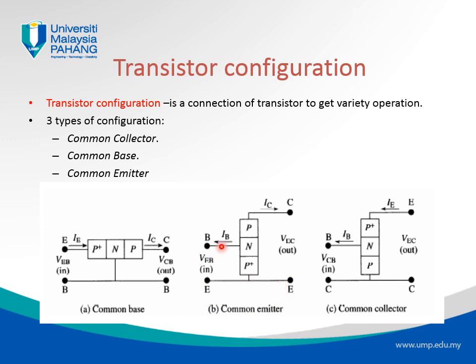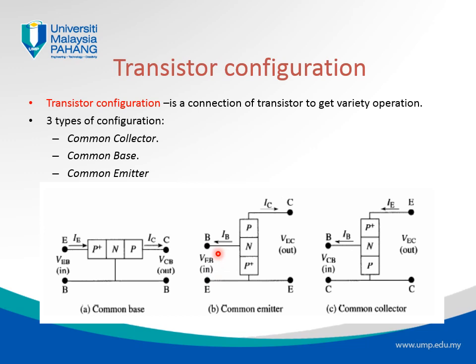Common emitter, as we said just now, is when we have the base and the emitter connected, where we have the small voltage that supplies the current IB. Now we have N and P and N here, right? So IB is coming out of the N. If we have the supply of the small voltage to overcome the bias voltage put between base and emitter, we call it the input.